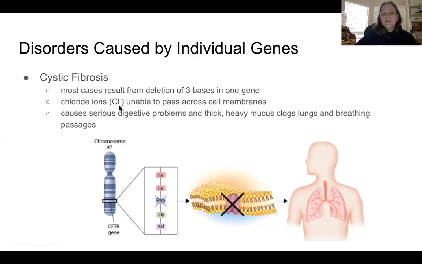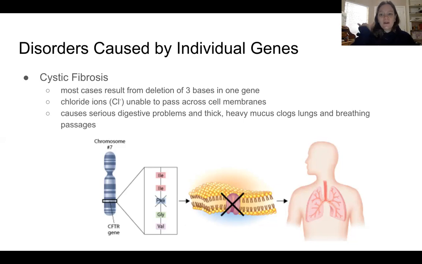If you can't pass these chloride ions, then the result is that you get mucus buildup. And if you know anything about mucus buildup, it tends to lead to bacterial infections. This is why little kids are prone to ear infections, because they build up that mucus anytime they're sick. If you're not clearing that out, the bacteria just settles in there, like, this is where I live now.